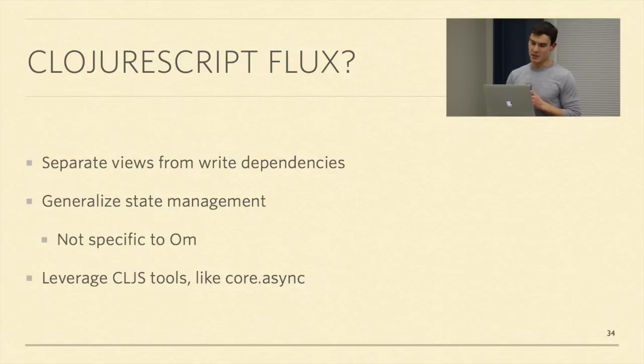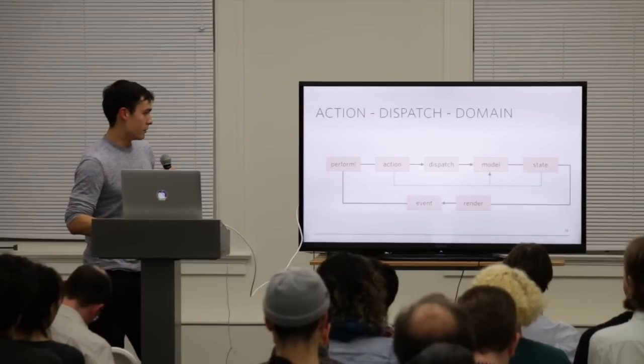This concept isn't necessarily specific to Om. You could use it if you're using Reagent or anything like that. And we want to leverage existing ClojureScript tools, specifically core.async, because we're talking about asynchronously managing data, which is a perfect fit for what we're doing.